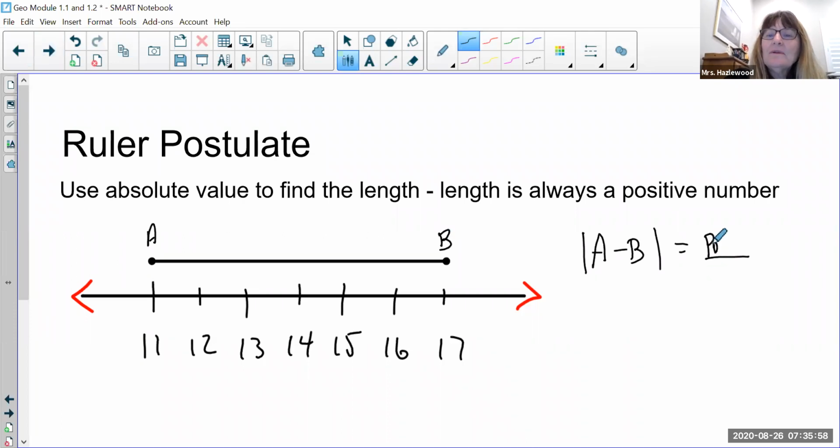It's always going to be a positive number because the absolute value is always positive. Or I can say B minus A, and that is going to be a positive number as well.